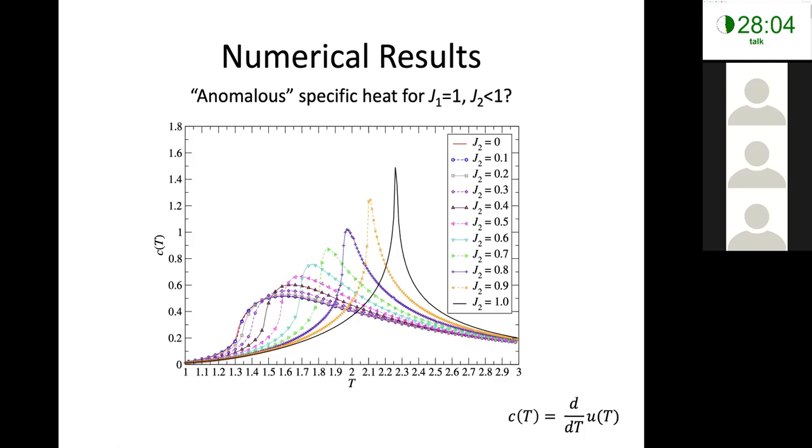So what about this anomalous specific heat, which we found in our previous study in the case of pure fractal? Well, this anomaly is also preserved all the way up to J2 equal to 1, where it transforms into the square lattice. So we still have only a weak divergence of the specific heat for J2 less than 1 at the inflection point.